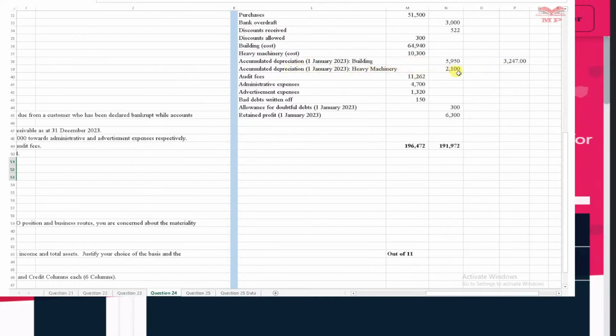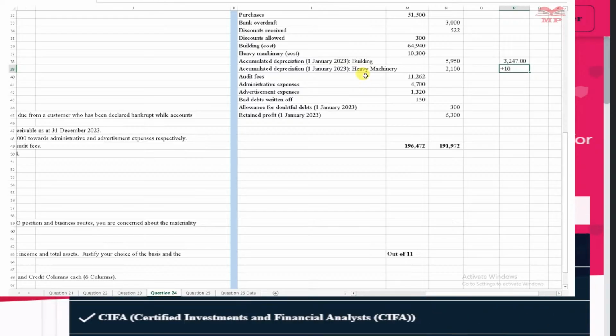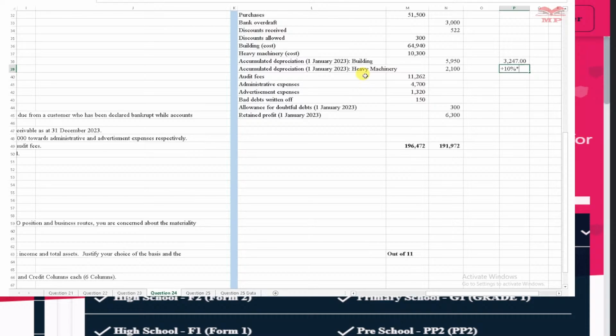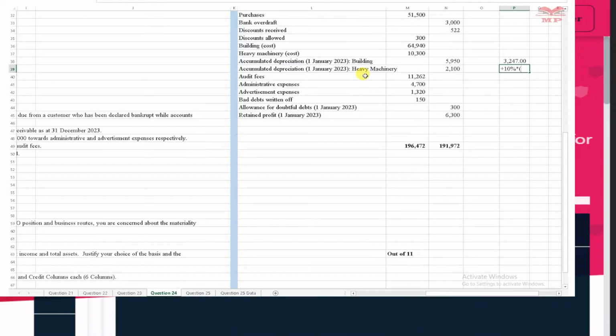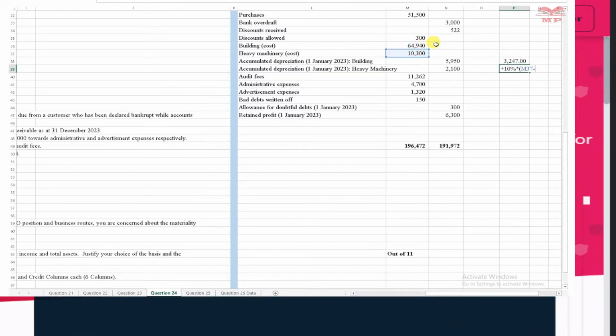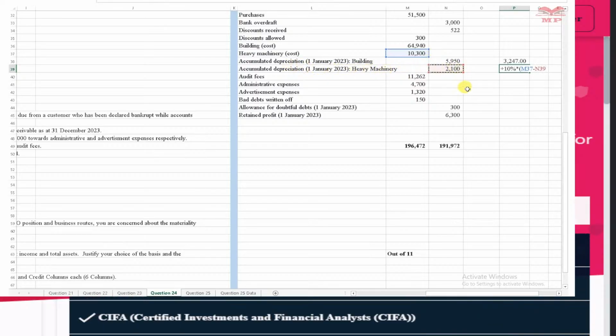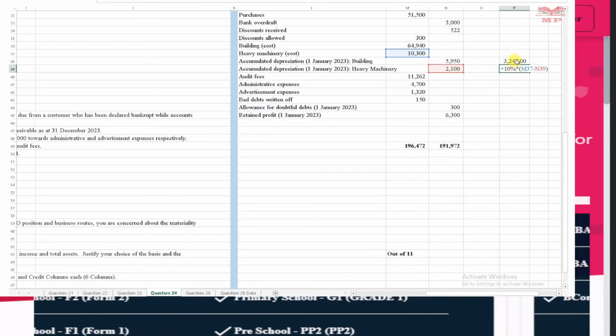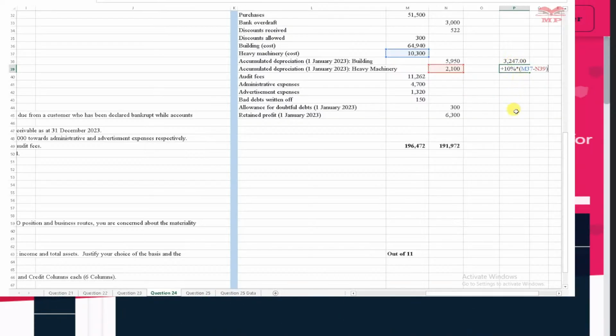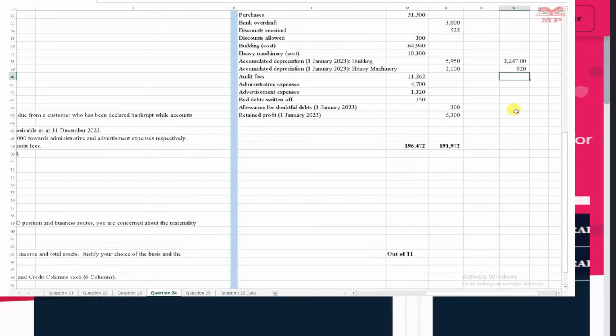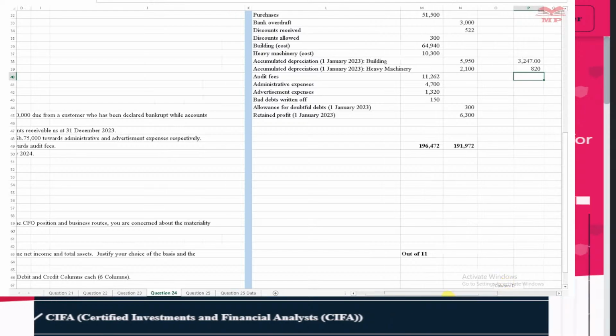We are going to pick the accumulated depreciation for heavy machinery as 10% multiplied by the difference between the heavy machinery at cost value, from which we subtract the accumulated depreciation for heavy machinery right there. It's reducing balance. It's not straight line like the way we did it over here. This is reducing balance. I'm getting 820. Now we can move ahead and analyze other adjustments.